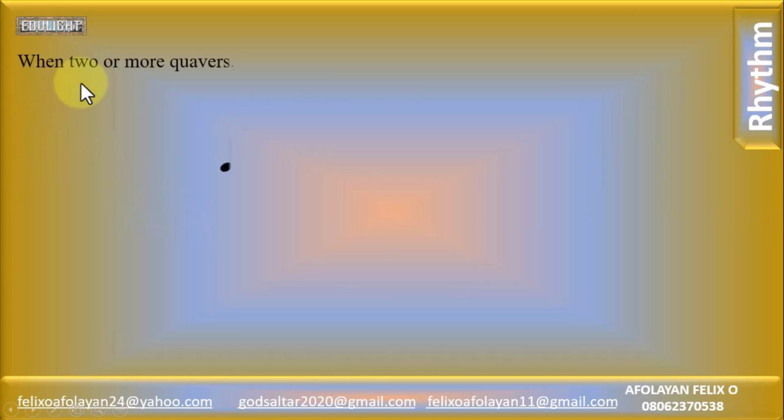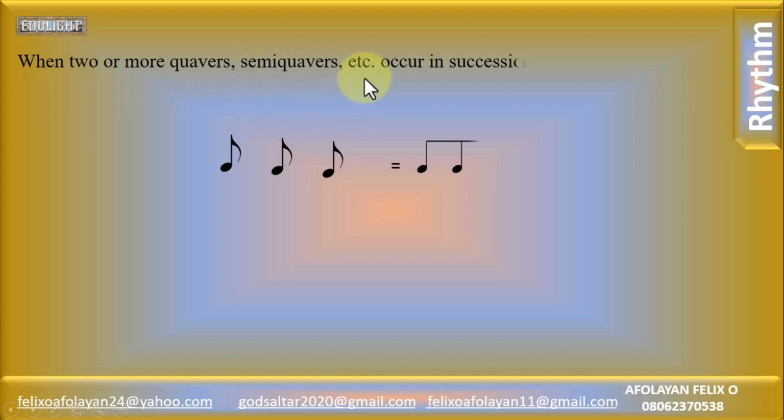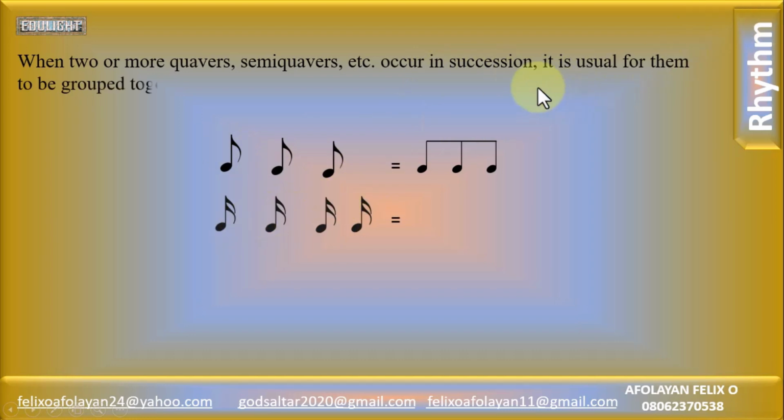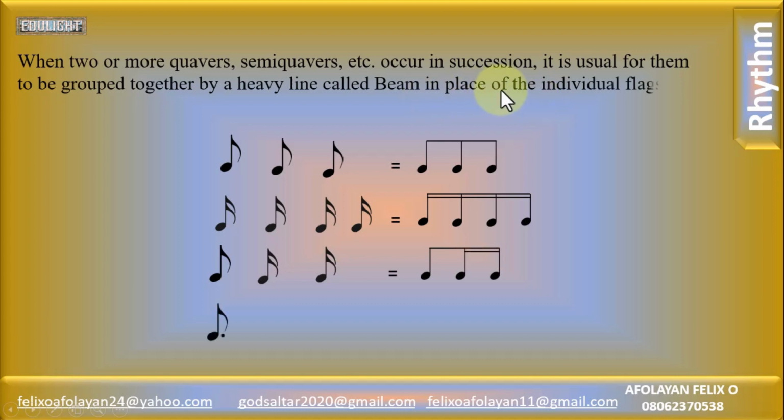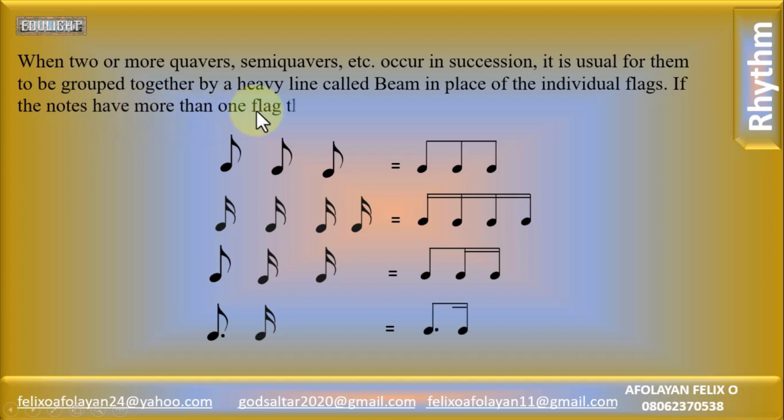When two or more quavers, semi-quavers, etc. occur in succession, it is usual for them to be grouped together by a heavy line called a beam in place of the individual flags.